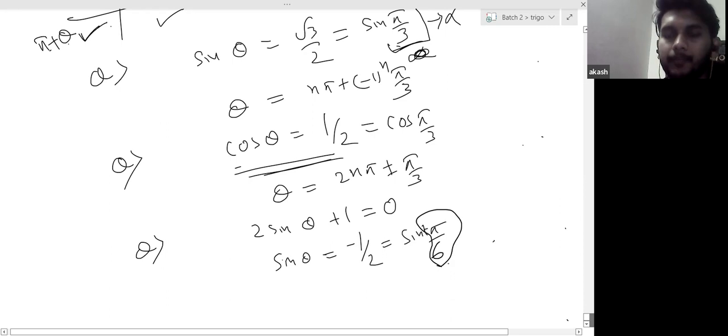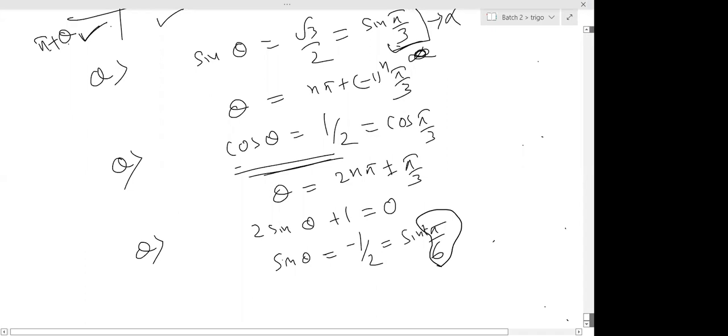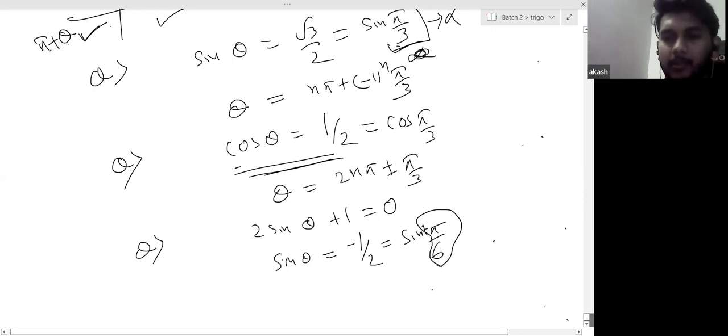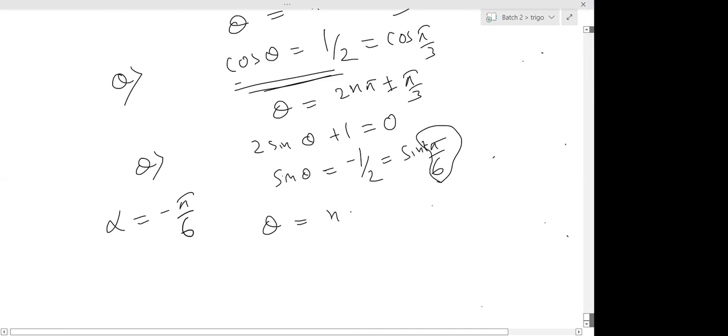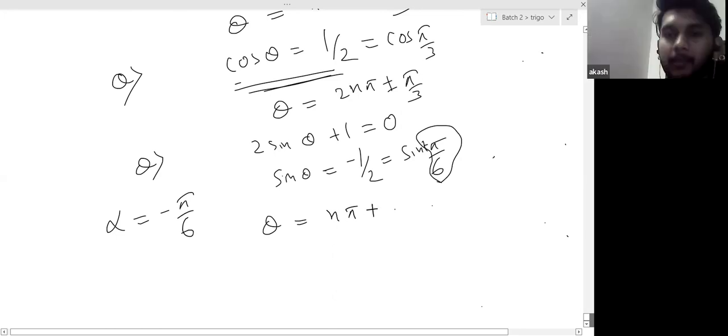All right. Again, you can use the formula. Is it minus pi by 6? Yes, you can take minus pi by 6 also. If you take alpha as minus pi by 6, what is the general formula for sine theta, Rahman? n pi plus minus 1 to the power n alpha.